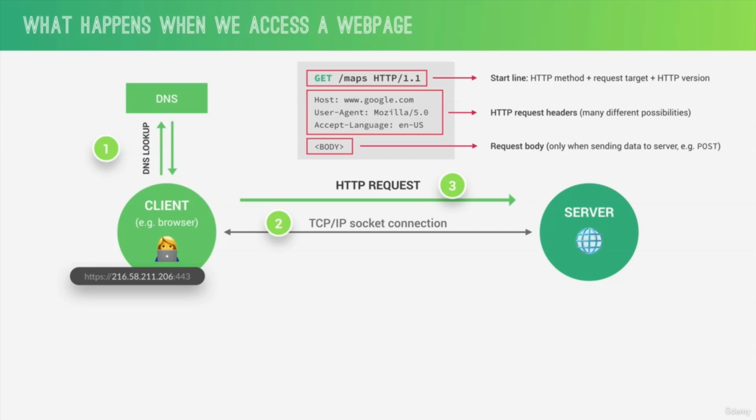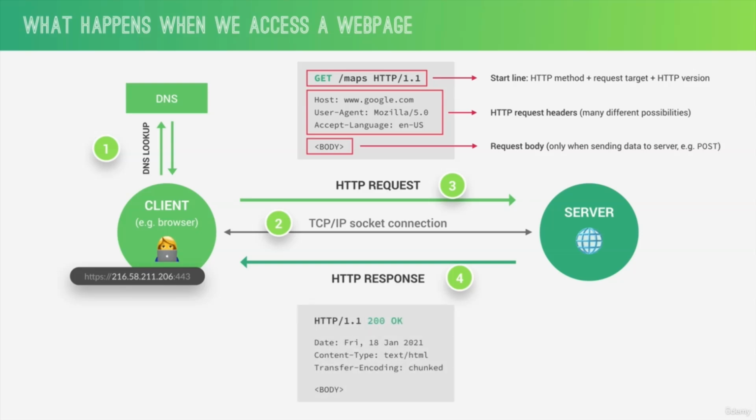Alright, so our request now hits the server, which will be working on it until it has our website ready to send back. And it will send it back using, as you can guess, an HTTP response. And the HTTP response message actually looks quite similar to the request. So also with a start line, headers, and a body.